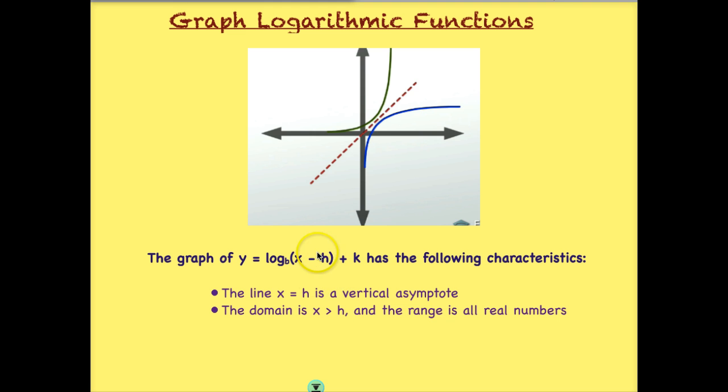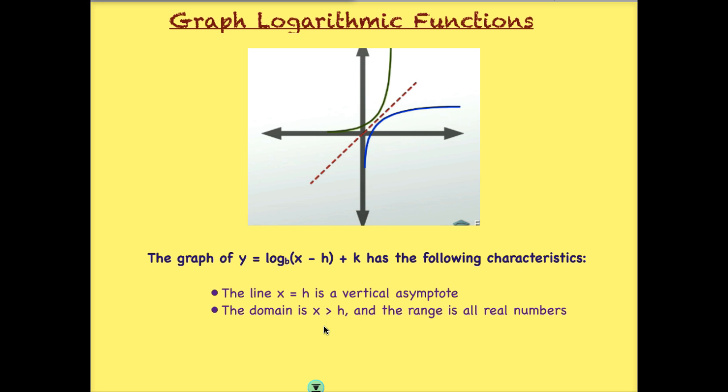Notice that we call it h because, just like with exponential functions, this is our shift or translation horizontally, left or right. So this will change our vertical asymptote. Instead of x equals 0, which is our parent function, depending upon what h is, we'll shift to the left or to the right. So we now have a vertical asymptote with logarithmic functions as compared to the horizontal asymptote with exponential functions.